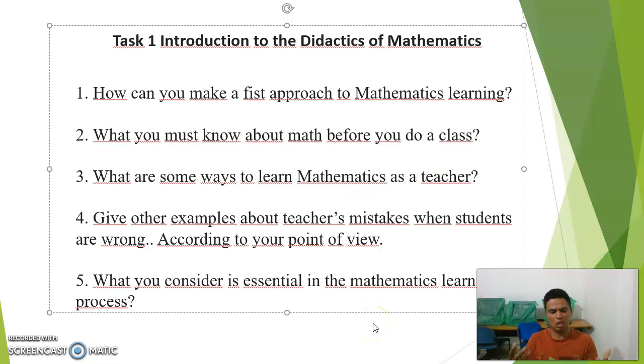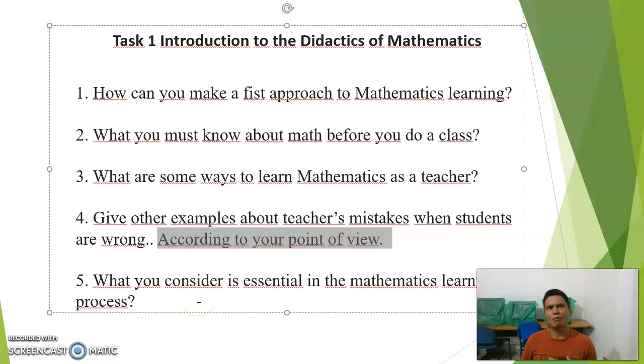For example, through math tutorials, through different videos, okay, related to learning maths, through the generation of debates between students, or between teachers, or between teacher and student, okay, among others. Now, the fourth question is, give other examples about teachers' mistakes when students are wrong, according to your point of view.